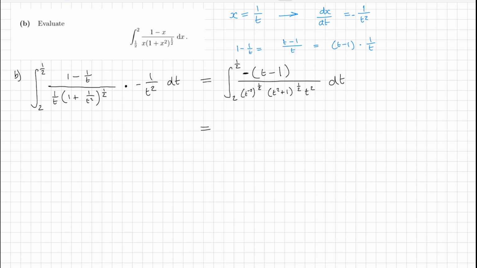It looks like nothing. However, let's continue simplifying it. So the top's 1 minus t. Our t to the negative 2 to the half, that is t to the negative 1. But we have a t squared, and t squared times t to the negative 1 is t. We've got t there. Then we have 1 plus t squared to the half.